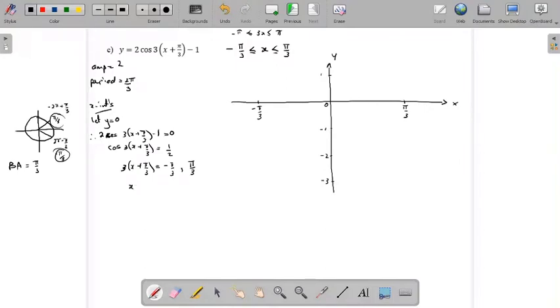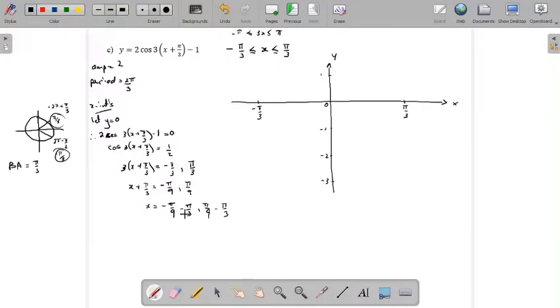So x plus pi on 3, dividing by 3, so that's negative pi on 9 and positive pi on 9, and then subtracting pi on 3. So x will equal negative pi over 9 minus pi over 3 and positive pi over 9 minus pi over 3.